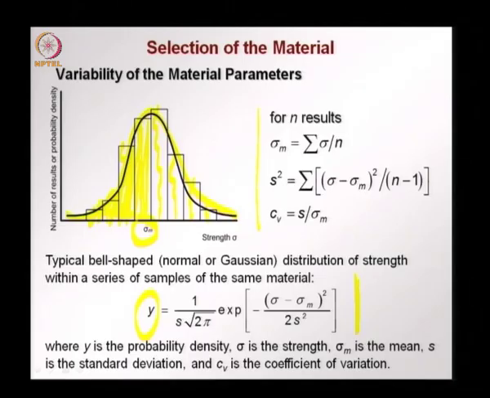This mean value only tells us the limit for half the strength of the specimens tested to be higher than a certain value, and if we use that value in design, we are having a case where half the material that is used, or half the locations where the material has been used, will have a strength lower than the mean value, which is unacceptable, because that means that you are taking a risk where half the material could be of a strength lower than the design strength.